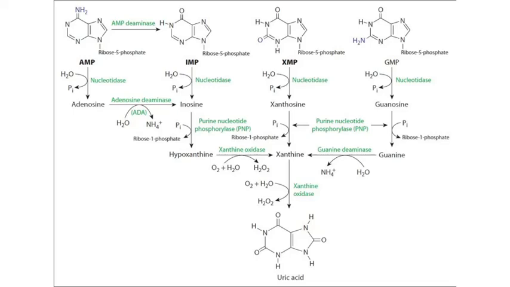So, between allopurinol and febuxostat, which one is the first line treatment for gout or hyperuricemia and why? Allopurinol is typically the first line treatment for gout and hyperuricemia. It's widely preferred because of its long history of effectiveness and safety.